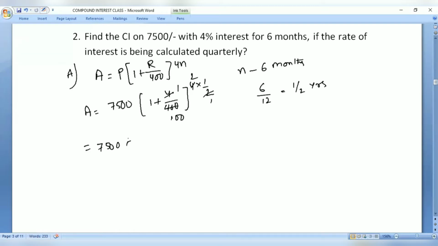Now 7,500 into 100 plus 1, 101. So 101 into 101 divided by 100 into 100. So two zeros cancel. 25 threes are 75, 25 fours are 100.